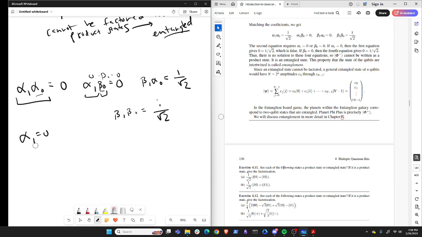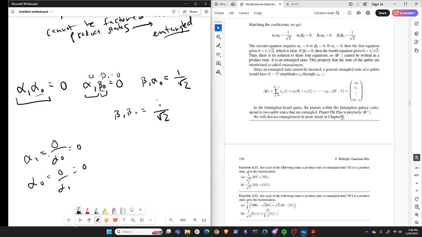So if we put alpha 1 in terms of alpha 0, it's 0 over alpha 0. Similarly, if we put alpha sub 0 in terms of alpha sub 1, we wind up with 0 over alpha sub 1, which is just equal to 0 both times.